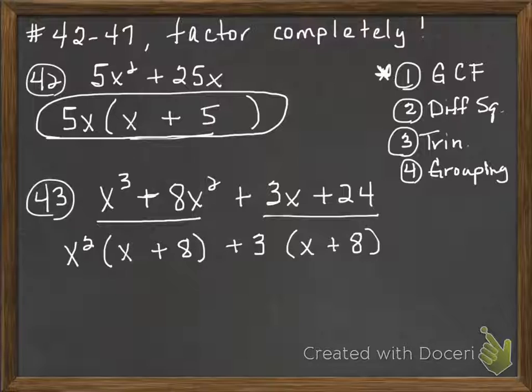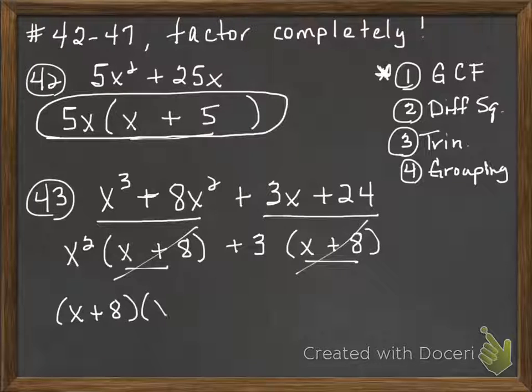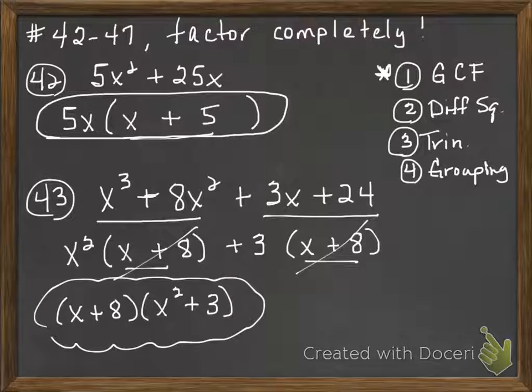Double check by multiplying that positive 3 back into the parentheses of x plus 8, and sure enough you get 3x plus 24. Now my common group is formed. I can actually factor out the x plus 8, and when I factor out the x plus 8, I'm left with x squared plus 3. Neither one of those factors factor again, so this would be my answer.